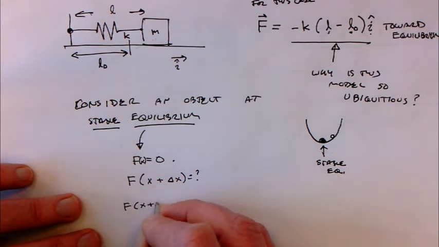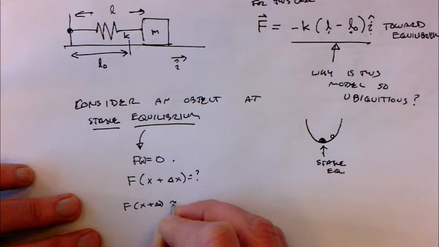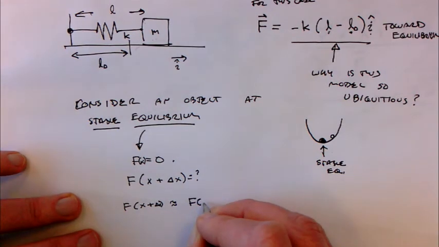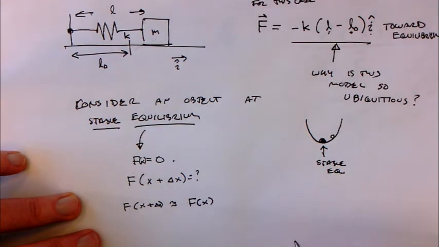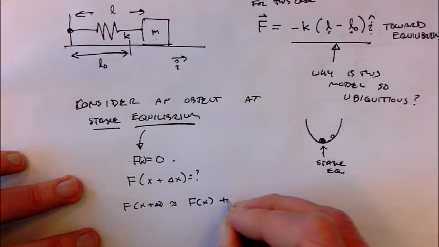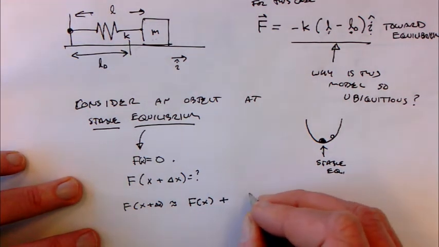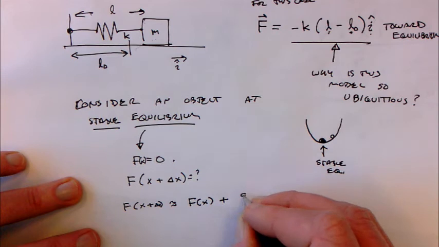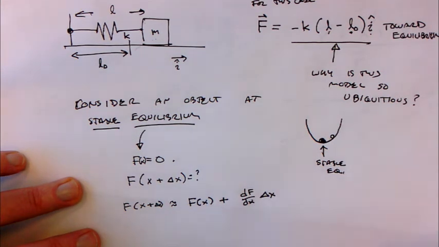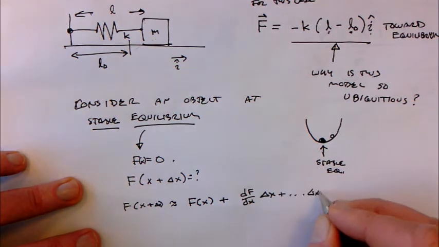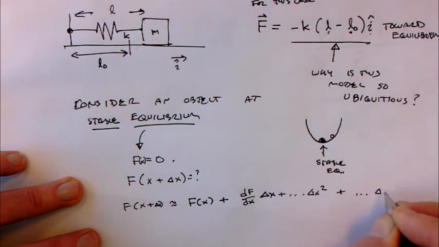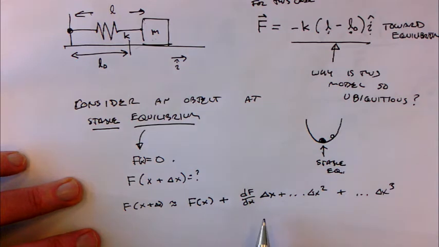I could say, okay, well, F at x plus delta x has to be approximately whatever the value of F is at x, plus some derivative, however F, the force changes, times delta x, plus other terms. And those other terms will depend on delta x squared, delta x cubed, and so on. You can do this expansion.